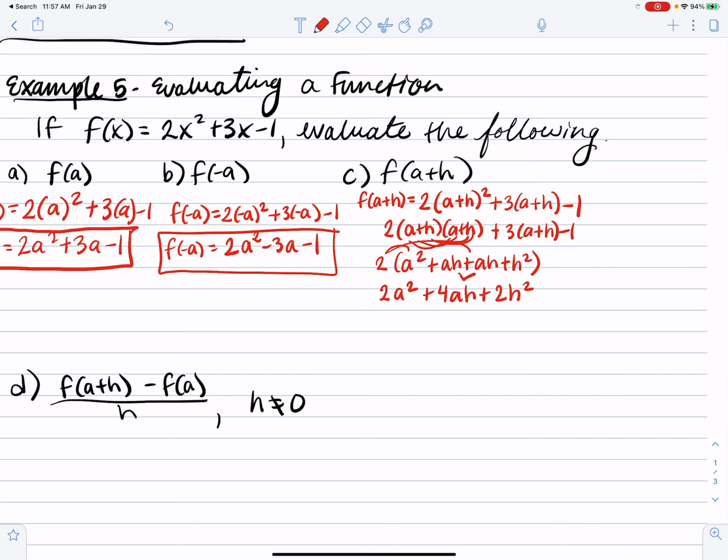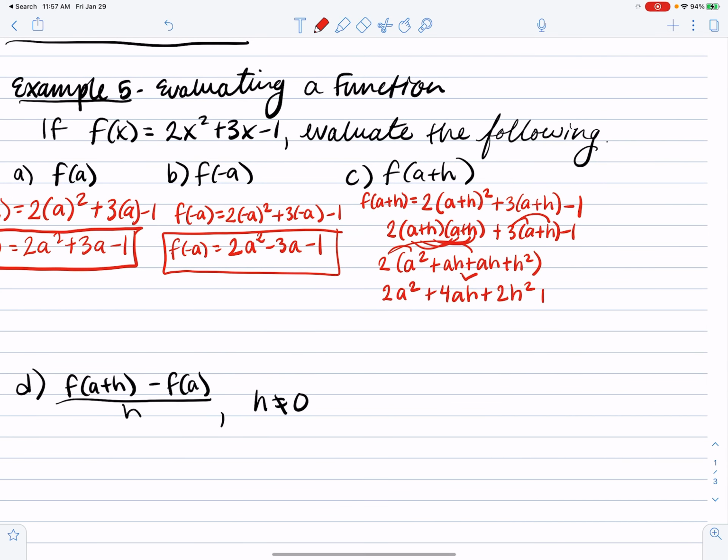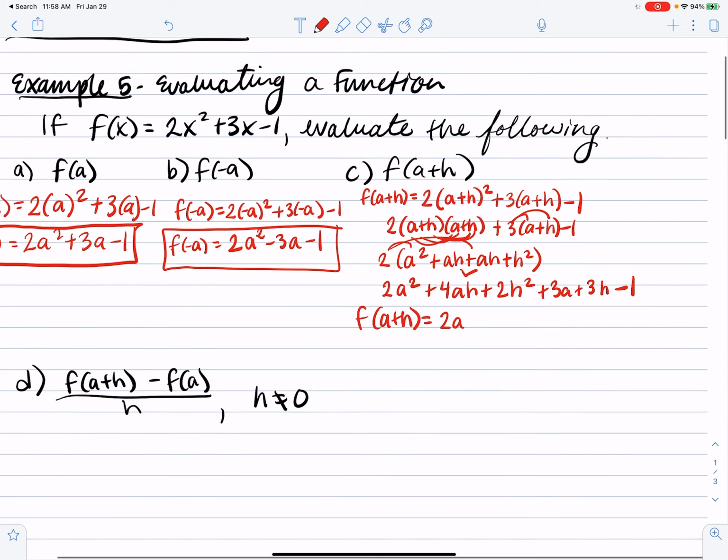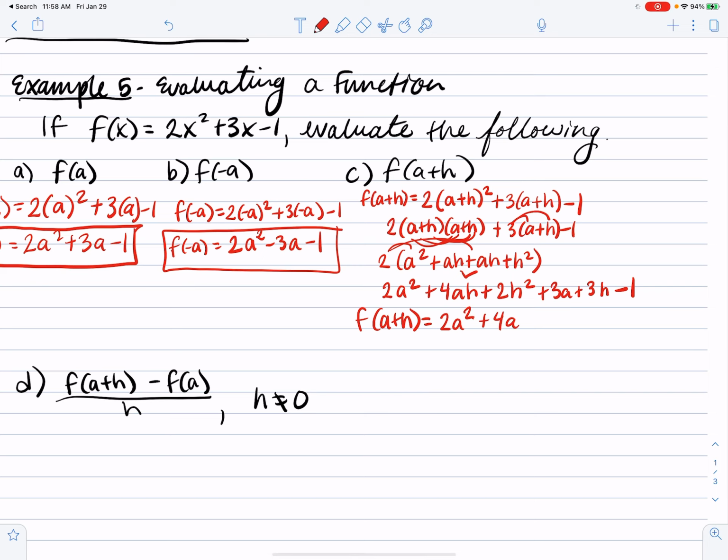All right, and then I need to multiply this 3 through, so I get 3a plus 3h, and then I have my minus 1 on the end. And then I can combine like terms, and I can get f of a plus h equals, well, actually nothing combined, so we can just rewrite this. And we're done.